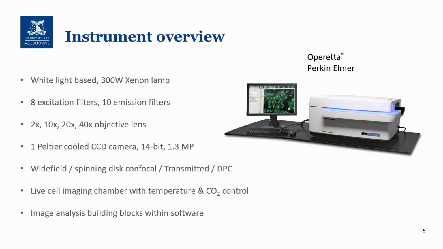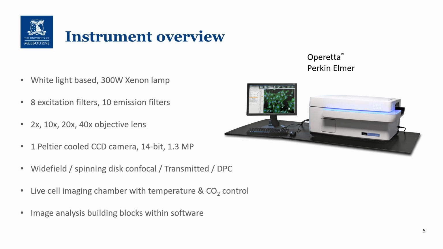Now I'm going to give you an overview of the instrument that's available in our platform. It uses a white light based xenon lamp for fluorescent imaging. It has 8 excitation filters and 10 emission filters. It has 2x, 10x, 20x and 40x objective lenses.